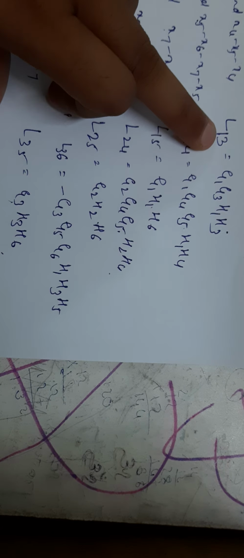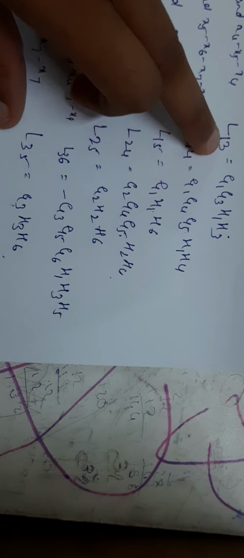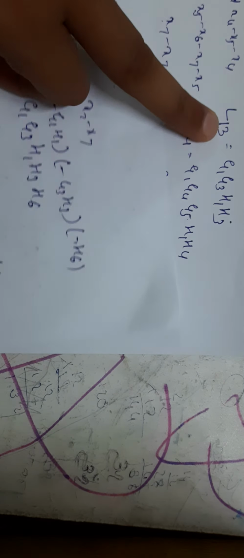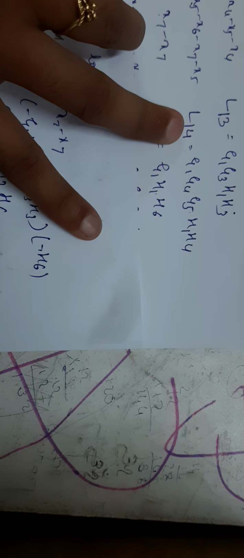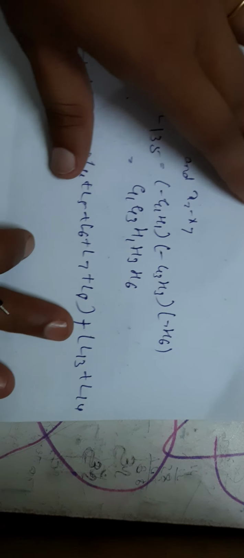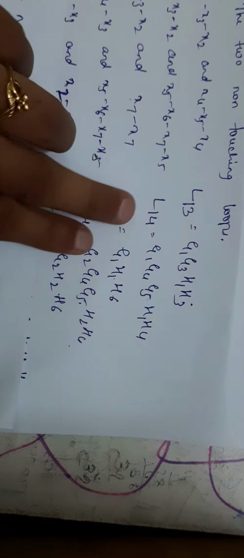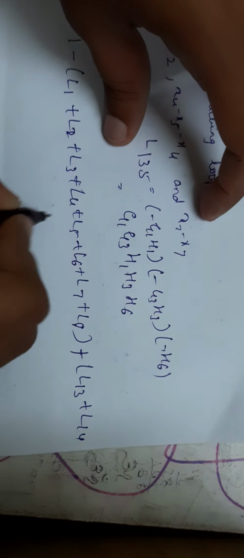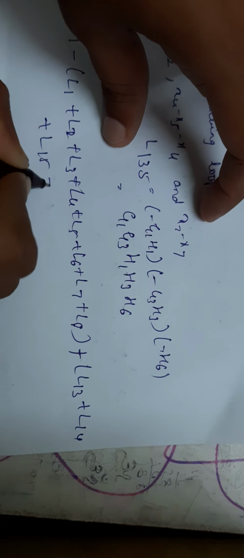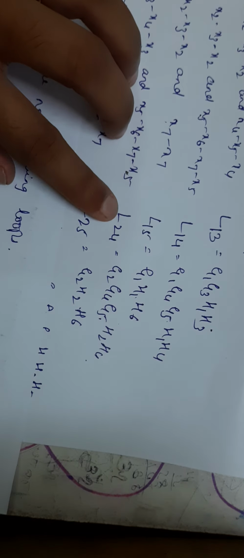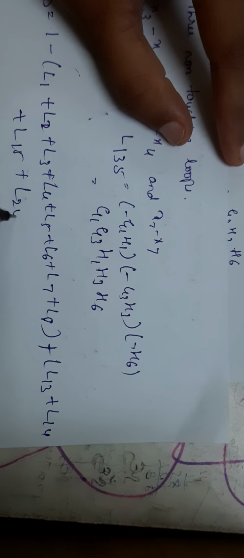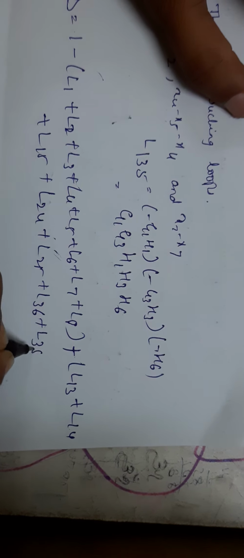So what are their names? We have to write L13 in the formula. L13 plus L14, next L15, so plus L15, next L24 plus L25 plus L36 plus L35.